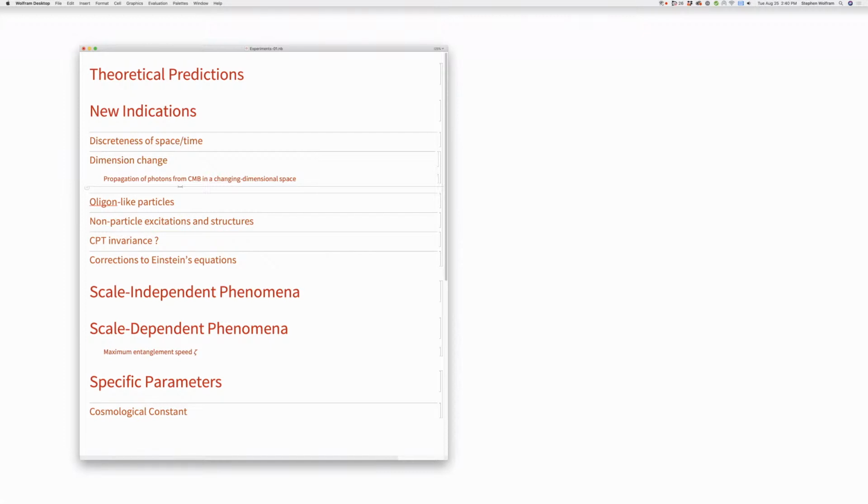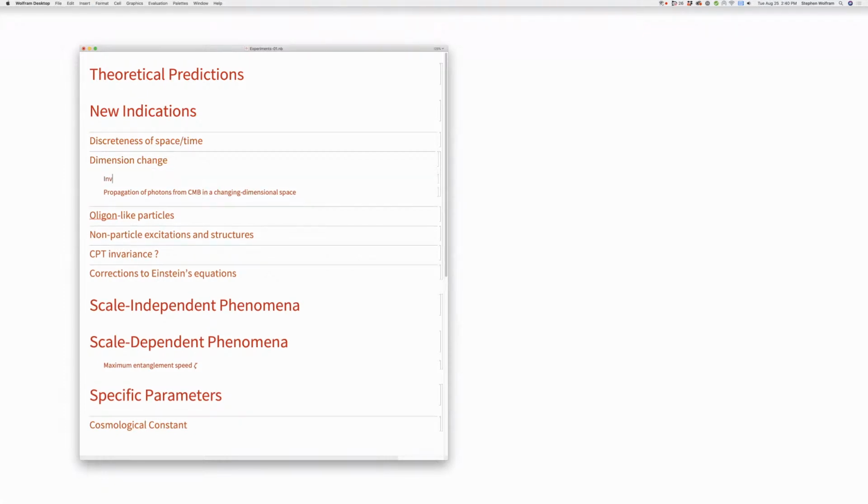So, for example, clearly we can measure the inverse square law on very large scales. That would be one example.